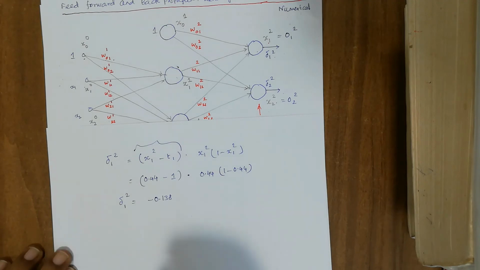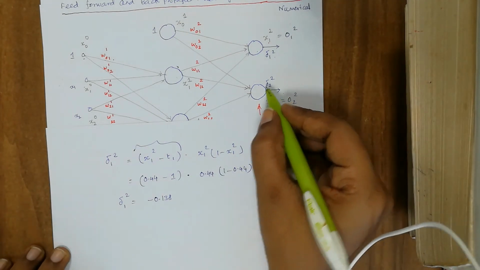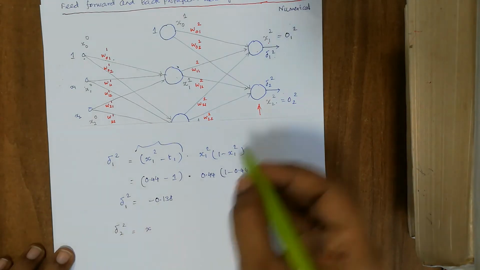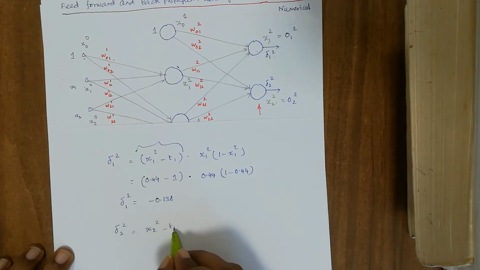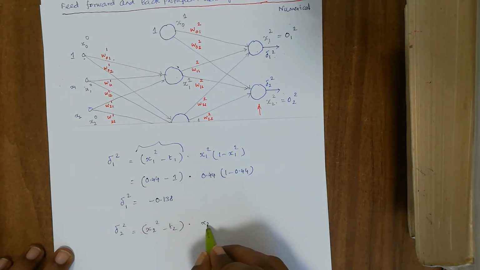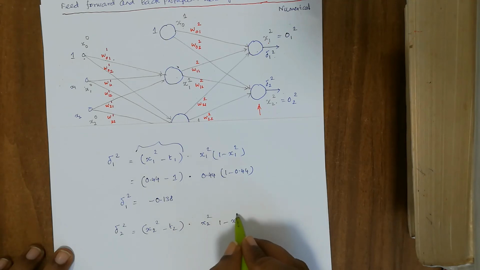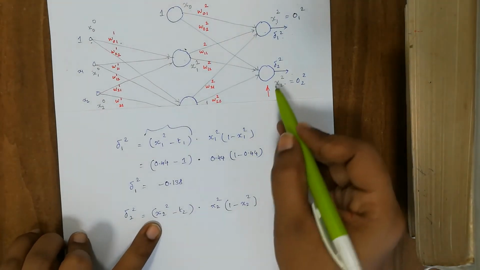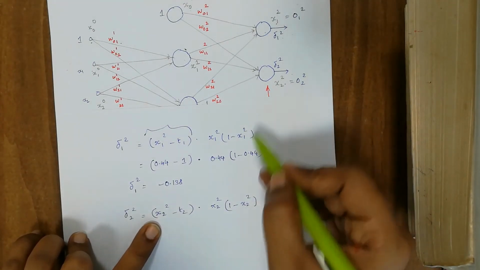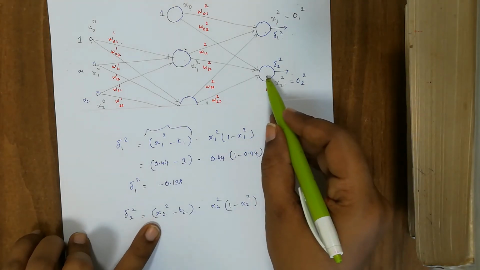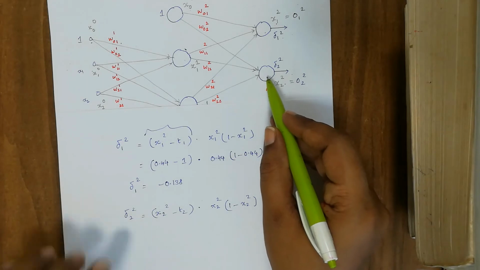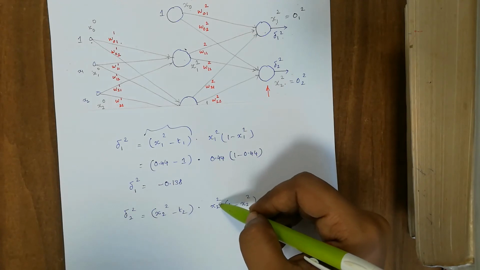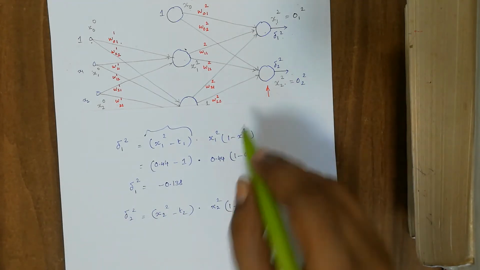Now let us calculate the error delta_2^2. Similarly, delta_2^2 is (x_2^2 minus t_2) multiplied by x_2^2 (1 minus x_2^2). This is also simple: the difference between the actual value and the expected value multiplied by its local derivative, which for the sigmoidal nonlinear form turns out to be x_2^2 (1 minus x_2^2).